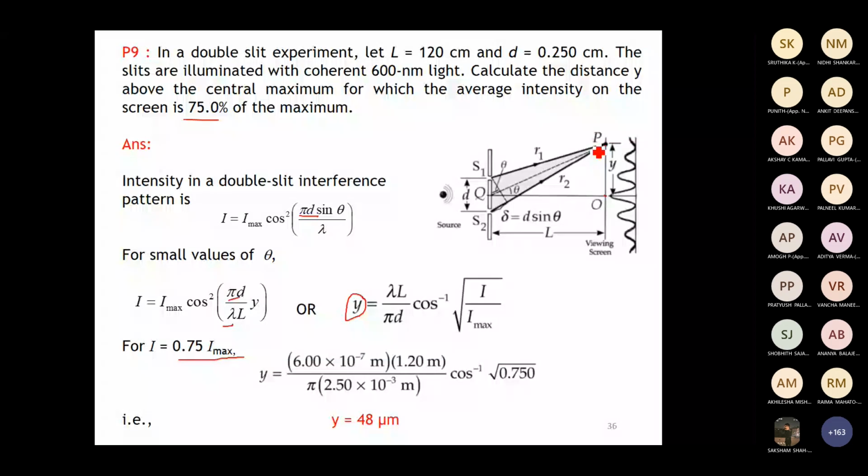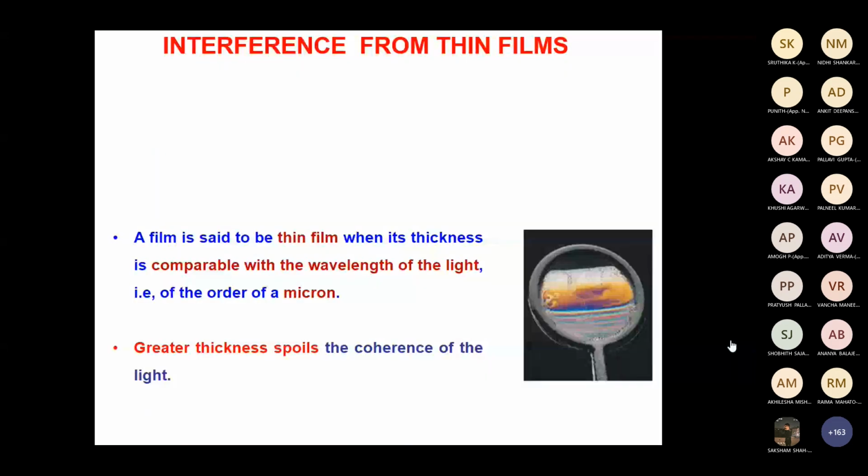We will take interference to the next level, that is interference from thin film. You will realize at the end of this class what the applications of interference are and why it is necessary to look into interference from thin film. Generally, interference effects are observed in thin films.